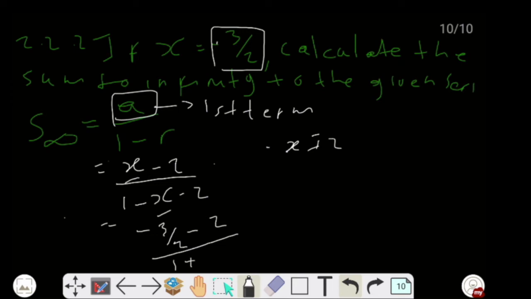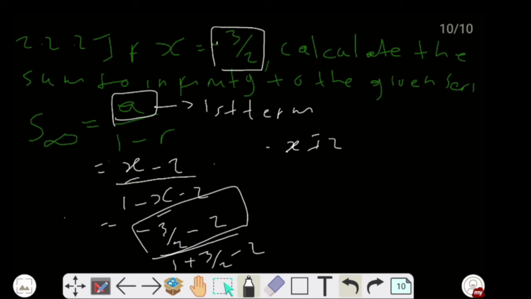Remember now it's going to change to be a positive. Negative and a negative, it's a positive, so it's 3 over 2 minus the 2, right? So you can add these, and you do the same with your denominator, right?